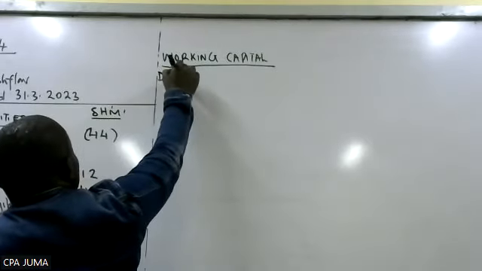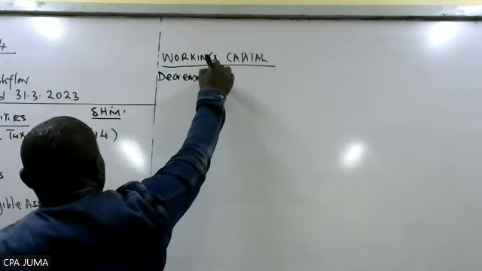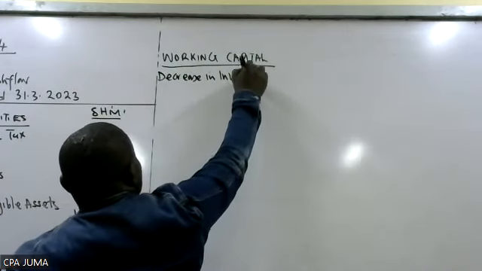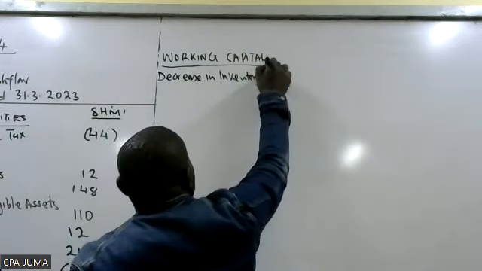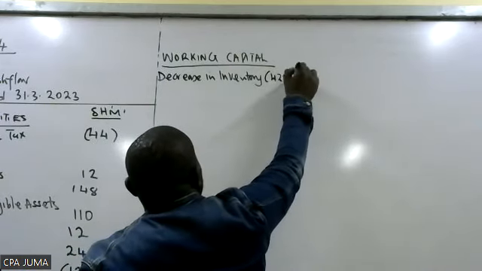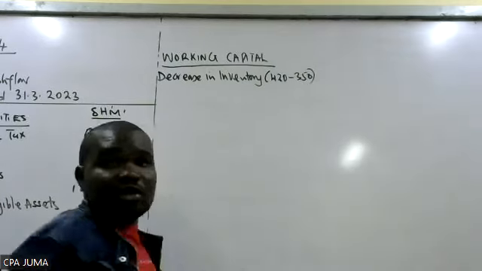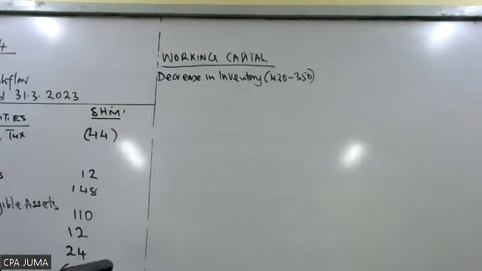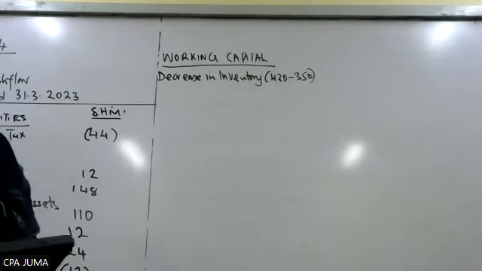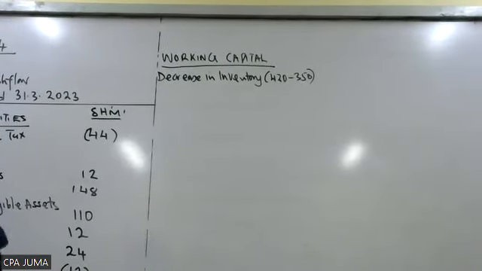So decrease in inventory is 420 minus 350. That is 70. So that is a decrease.